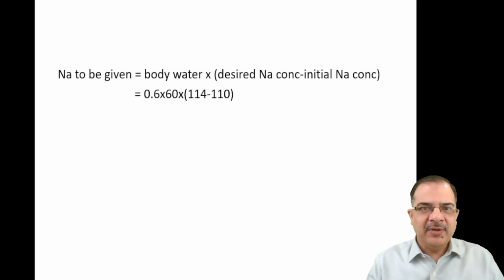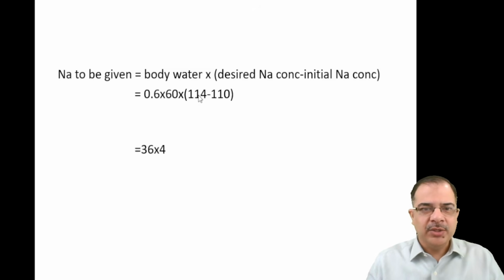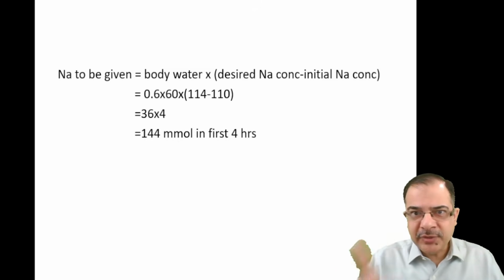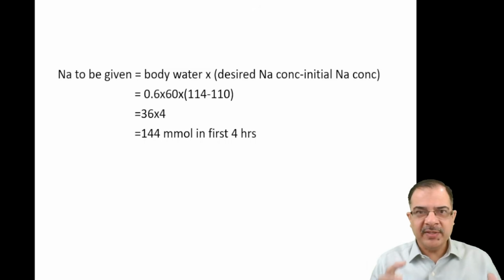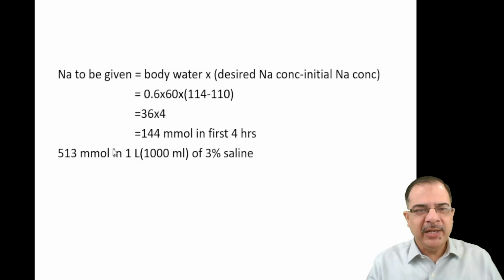This will come out with body weight 60 kg, male patient, 0.6 into 60, into the desired sodium rise in 4 hours to 114. So this will come out to be 144 millimoles to be given in the first 4 hours. Obviously we will choose 3% saline. In 3% saline, the sodium concentration is 513 millimoles per liter, so 513 millimoles is present in 1 liter, that is 1000 ml.